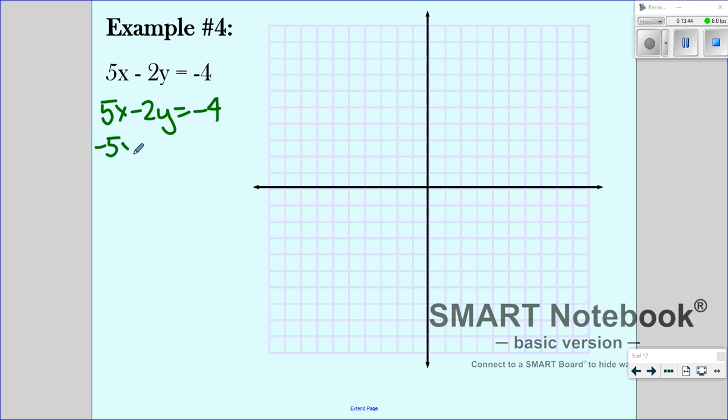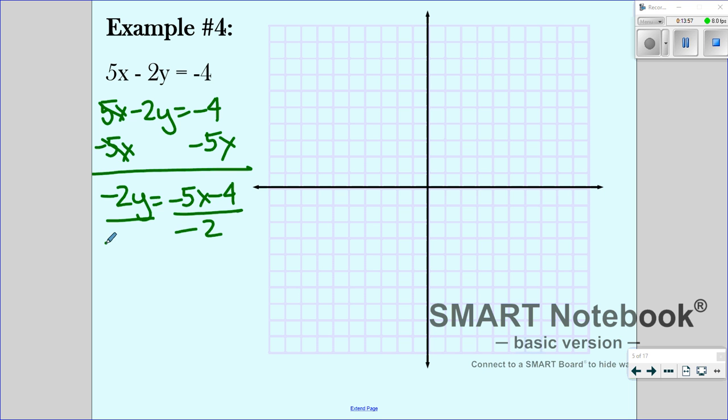Subtract 5x on both sides. We get negative 2y equals negative 5x minus 4. And then I'm going to divide by negative 2 on both sides so I can have y by itself.